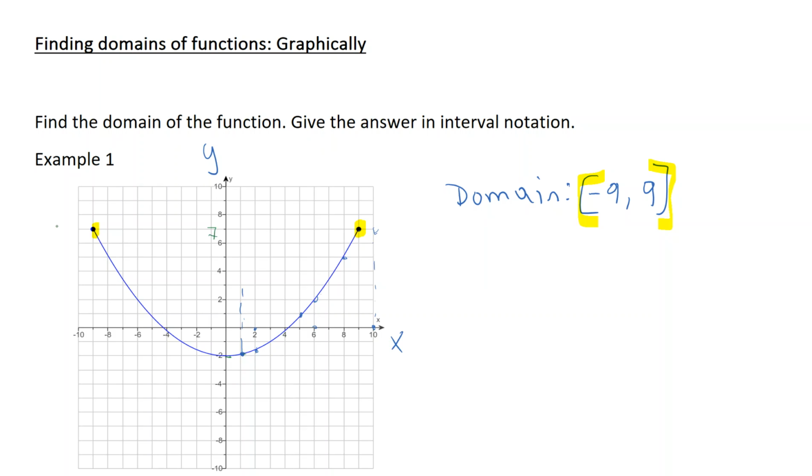If I was to put this function in a box, the y values would go from -2 to 7. So the range is -2 to 7. That is how you get the domain and range from the graph of a function.